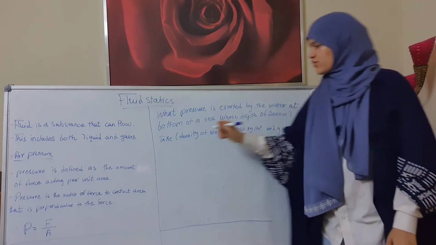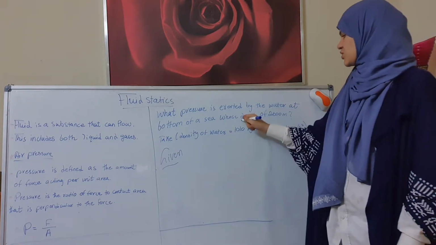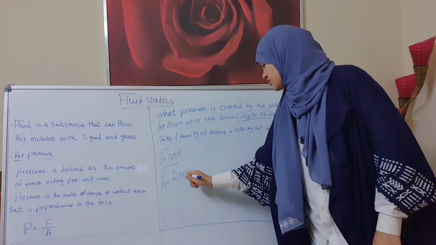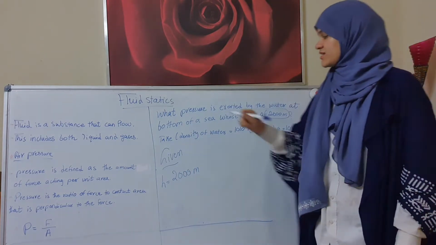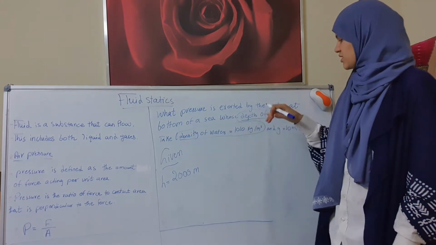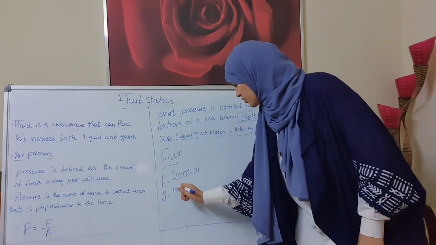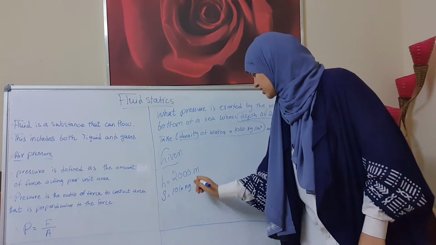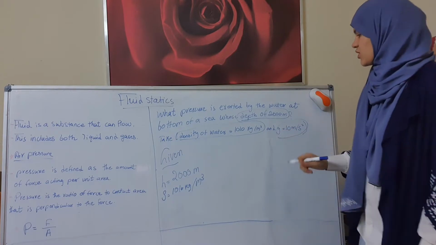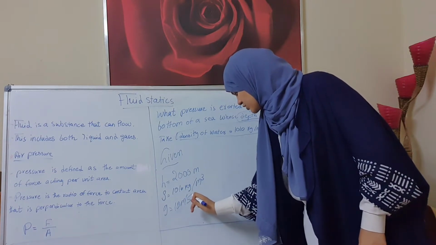Now, first of all, what is the given we have? In the given, we have the depth, which is the height, h equal to 2000 meters, the density, rho equal to 1010 kilogram per meter cube, and gravity, g equal to 10 meter per second square.